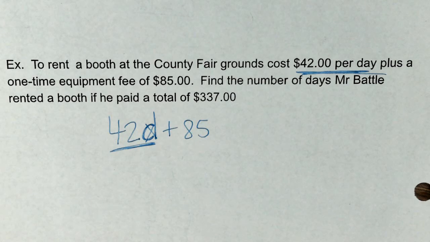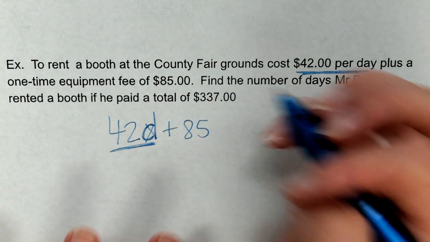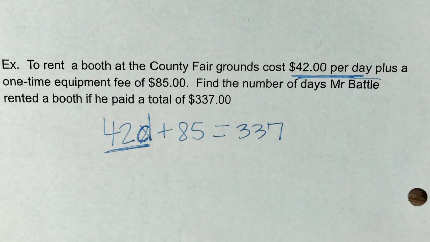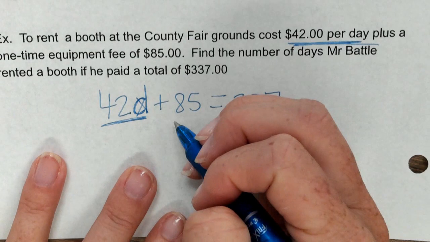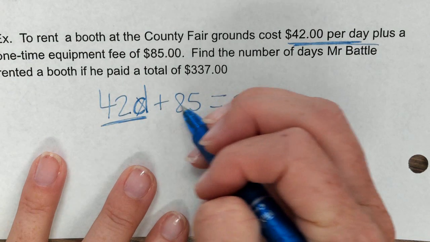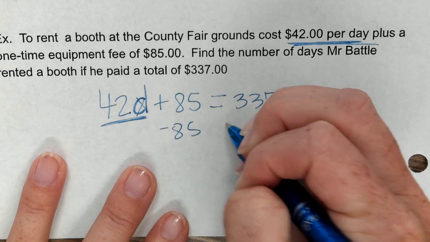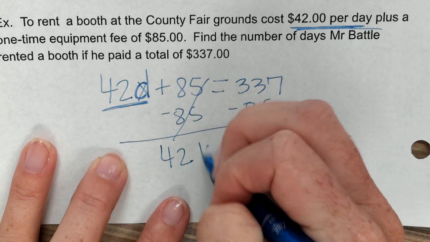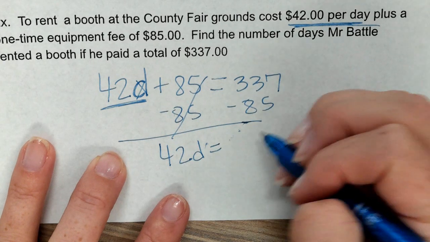Find the number of days Mr. Battle rented a booth if he paid a total of 337. So what would I do? Can you now solve for D for days? Okay, let's do it. How would I get rid of the constant plus 85? I have 42D equals 252.